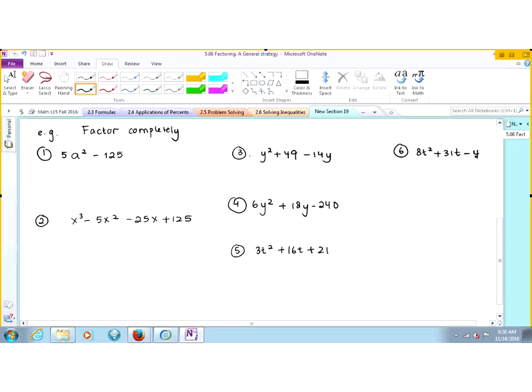Can you back up? Can you back up 8 squared minus 25? Okay, so how do you factor out 8 squared minus 25?